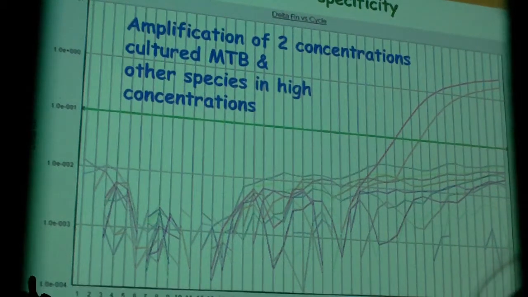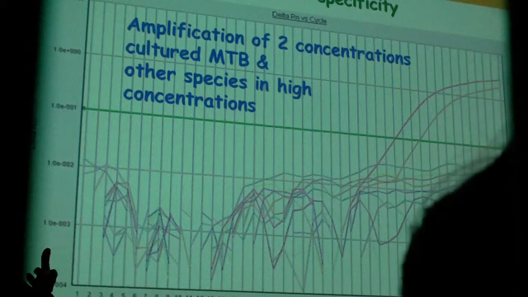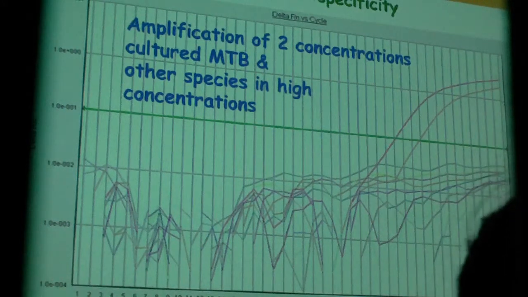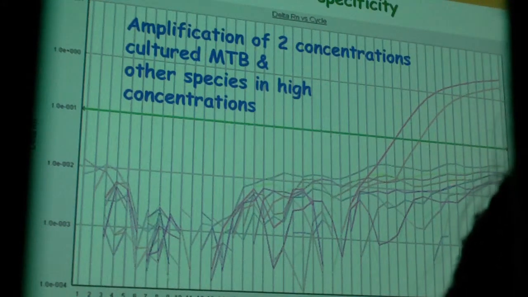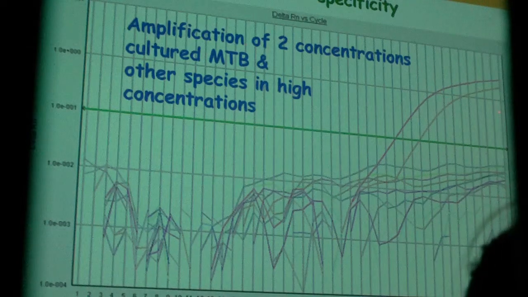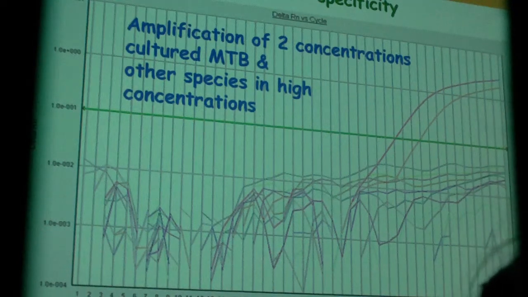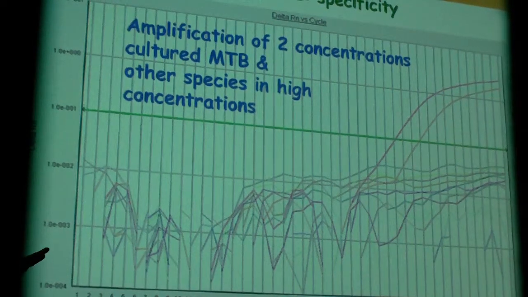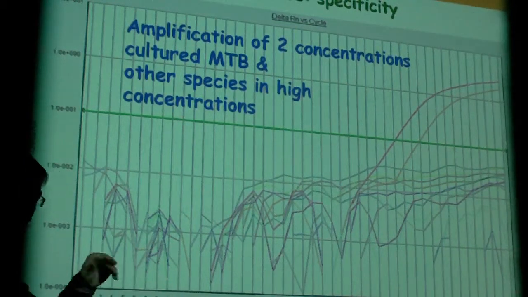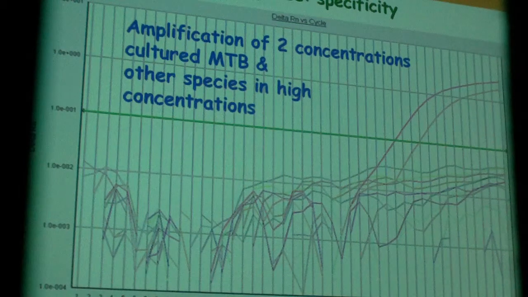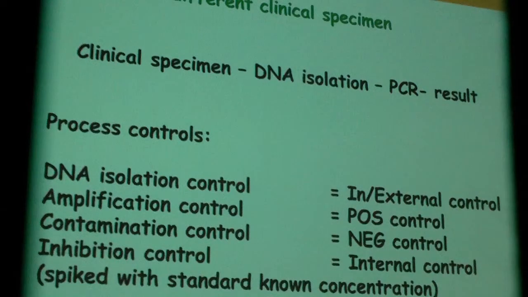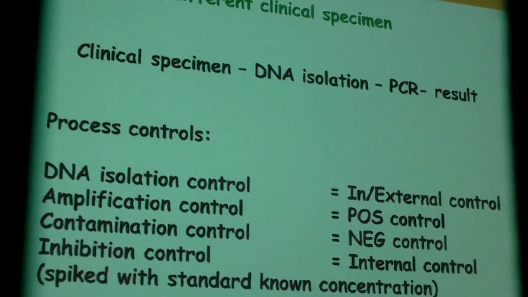So you have to use a huge number of clinical samples from patients, from healthy people, etc., to really show that they're all negative, whereas the only positives are the two which you added. So this is specificity. You really must be sure that there's no interference with other microorganisms. And then we have all these controls. I won't go into detail on these controls, but I want to focus on this inhibition control, which I mentioned earlier.